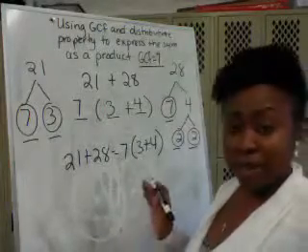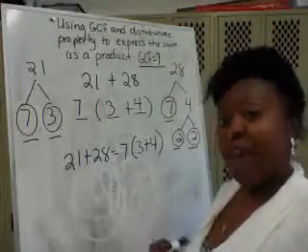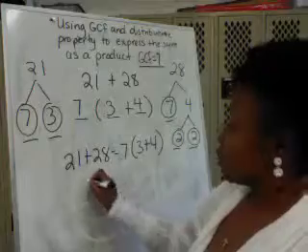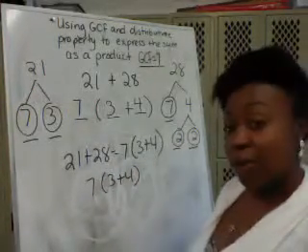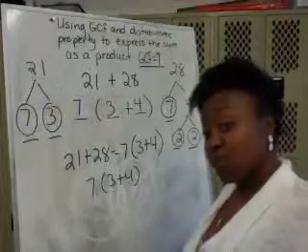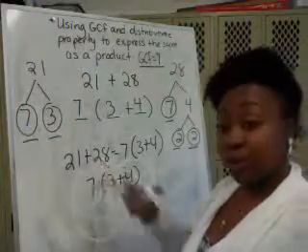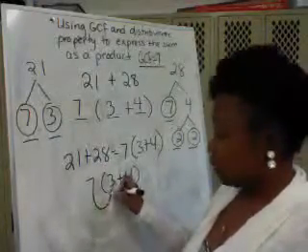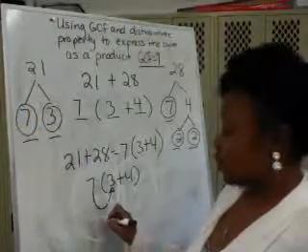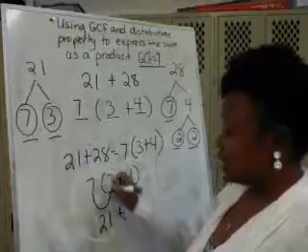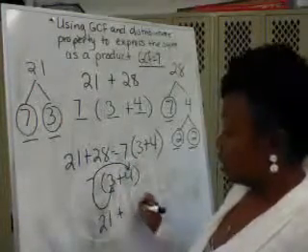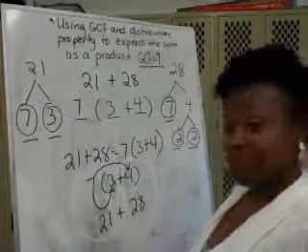Are you saying, Miss Alicia, can you prove that? I can. So 7 parentheses 3 plus 4. I'm going to actually multiply to prove to you that this equals 21 plus 28. 7 times 3 is 21. Bring down my addition sign. 7 times 4 is 28.